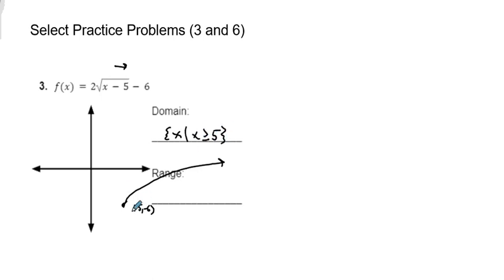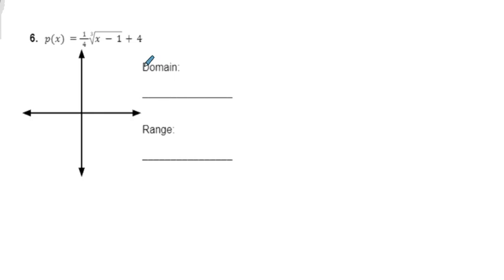And I'm getting that right from here. And then my range is going to be anything greater than or equal to -6, so y is greater than or equal to -6. They're both going to be greater than or equal to because they're both moving in the positive direction away from these points. If this were flipped, my y would be the opposite, going down.